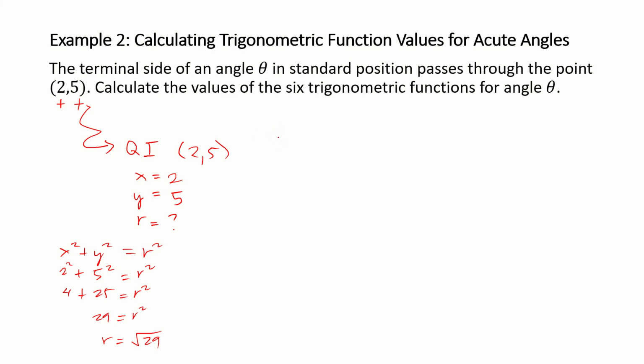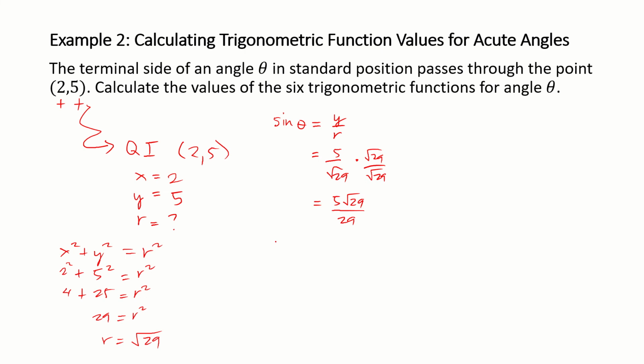So we'll start with sine. Sine theta is equal to y over r. So that would be 5 over square root of 29. With that, we still have to multiply a square root of 29 over square root of 29. So 5 square root of 29 over 29.